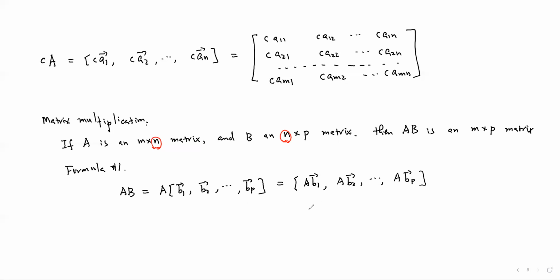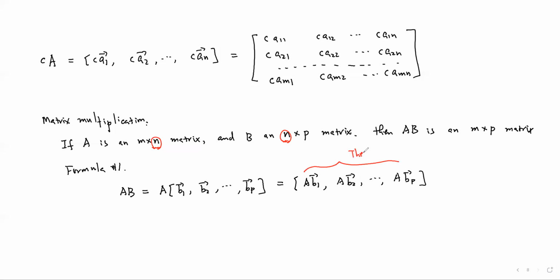Formula 1. So A times B is a matrix. The columns of the matrix are A times B1, A times B2, A times BP. Let me put a remark again.